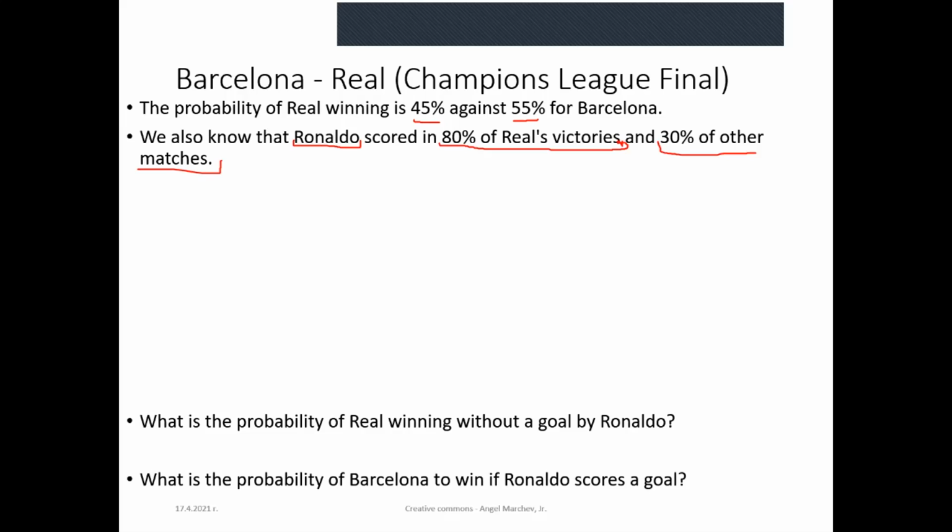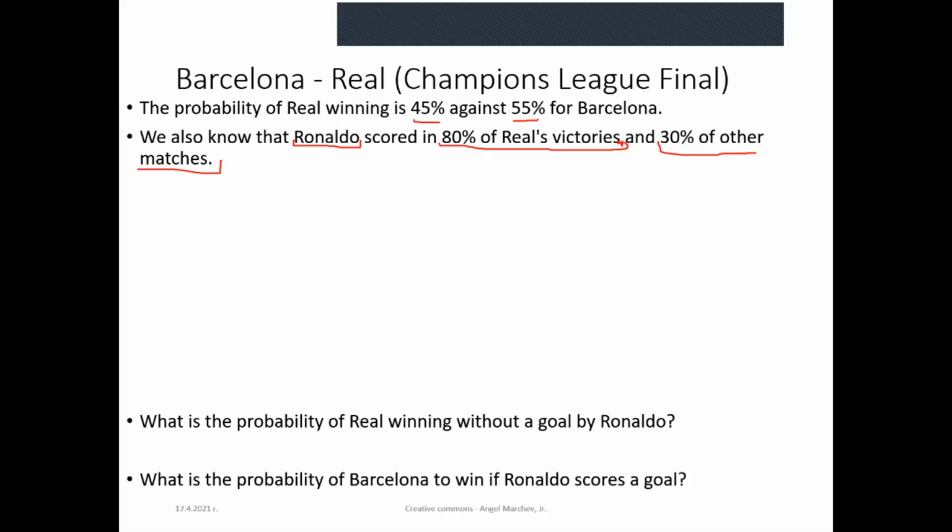Just an intuition: where would the winning probability of Real go, higher or lower, if they don't have their best player? Lower, yeah, obviously lower. We'll see where, but it should go lower. This is sort of the sanity check.